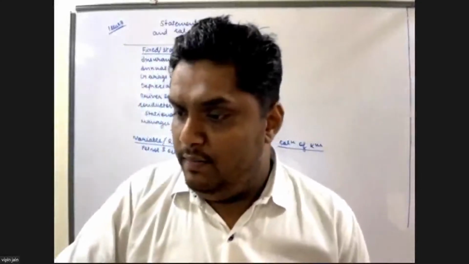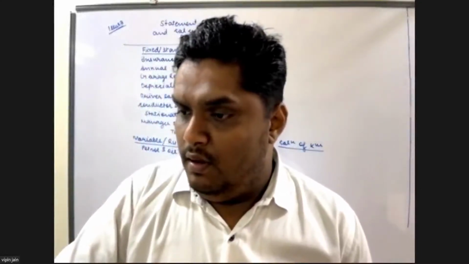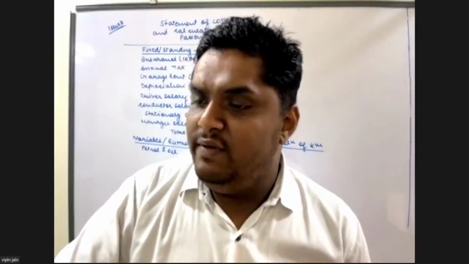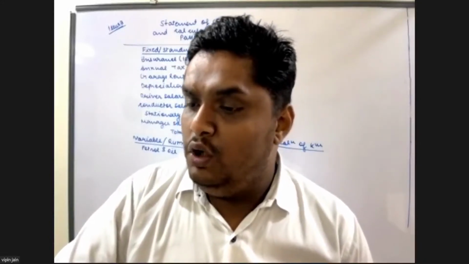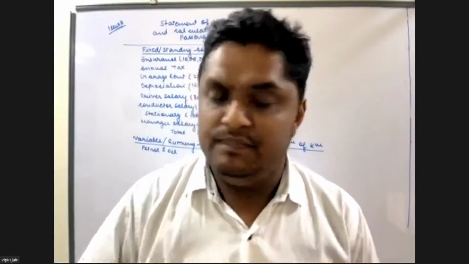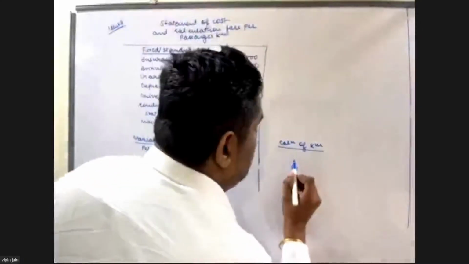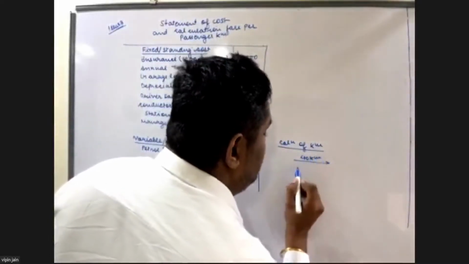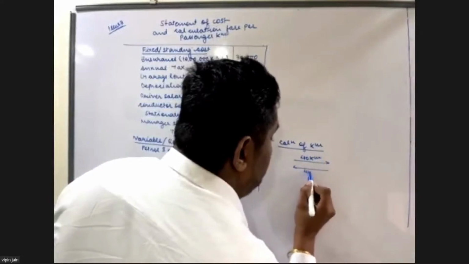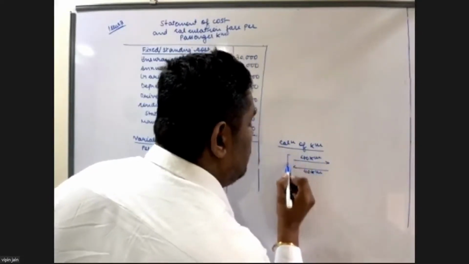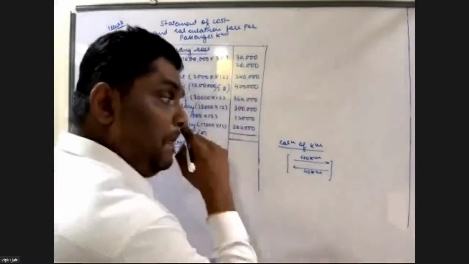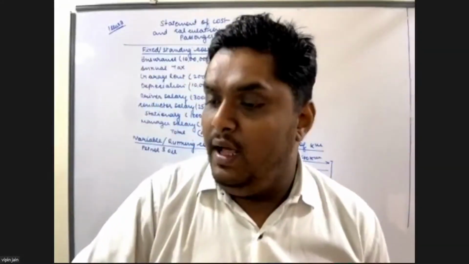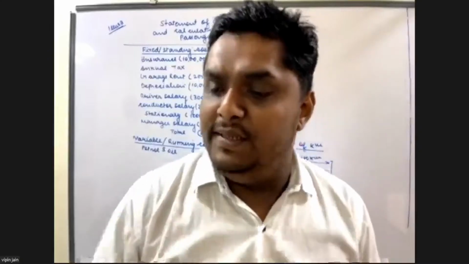Herein, the ABC Transport Company has given a route of 40 kilometers long to run a bus. So 40 kilometers in the onward journey, 40 kilometers in the return journey. The bus will make 3 up and down trips carrying on an average 40 passengers.